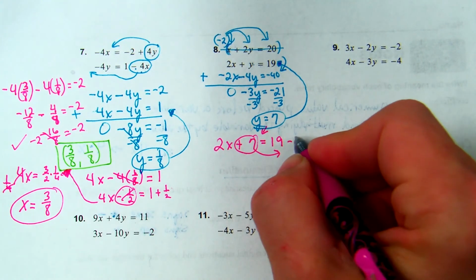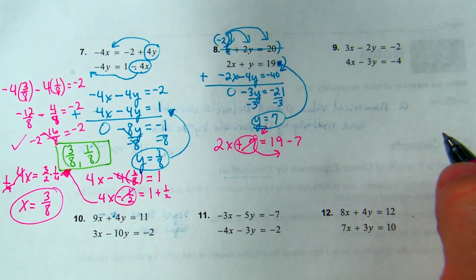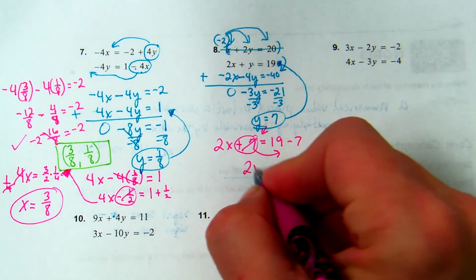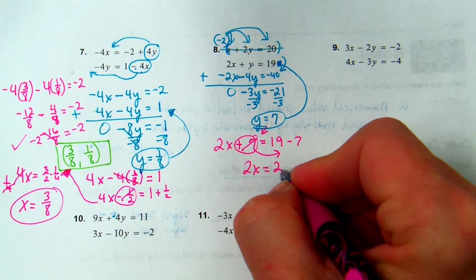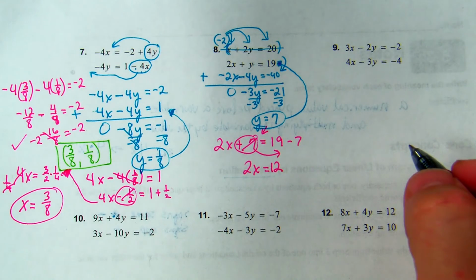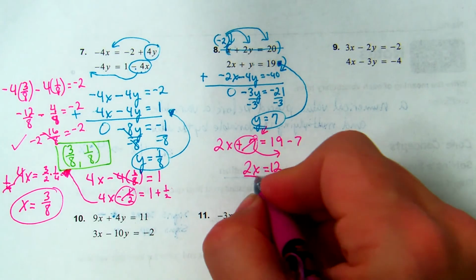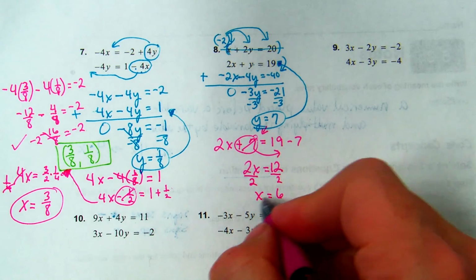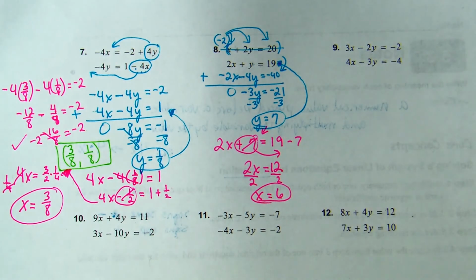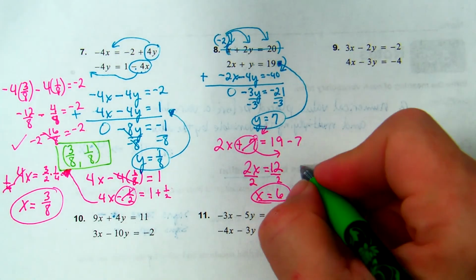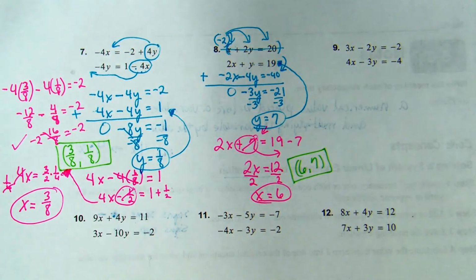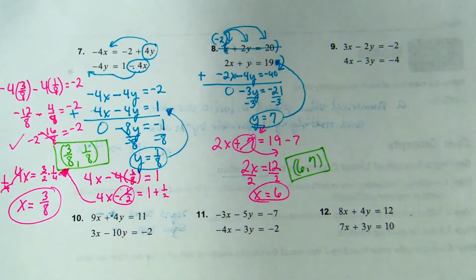This just means I'm going to subtract 7 from both sides. 19 minus 7 on this side, so we're going to have 2x equals 12. Then I'll divide by 2, and x is going to equal a positive 6. So now my solution to this system of equations is going to be 6, 7. And I have solved that one.